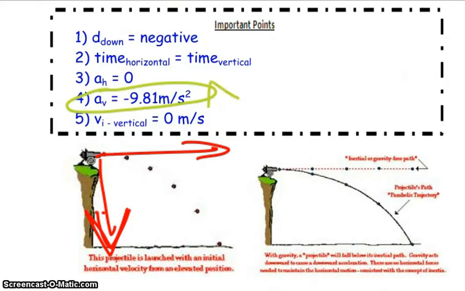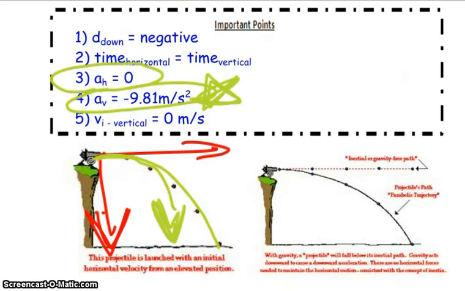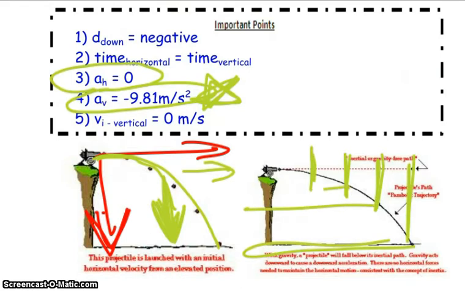Since we treat them independently, horizontally nothing's causing it to speed up, which is why you get this curvy path, because you're going faster and faster in this direction, but the same speed in this direction. So you're always covering the same amount of distance horizontally, but vertically you're covering more and more distance. So you get that curvy path.